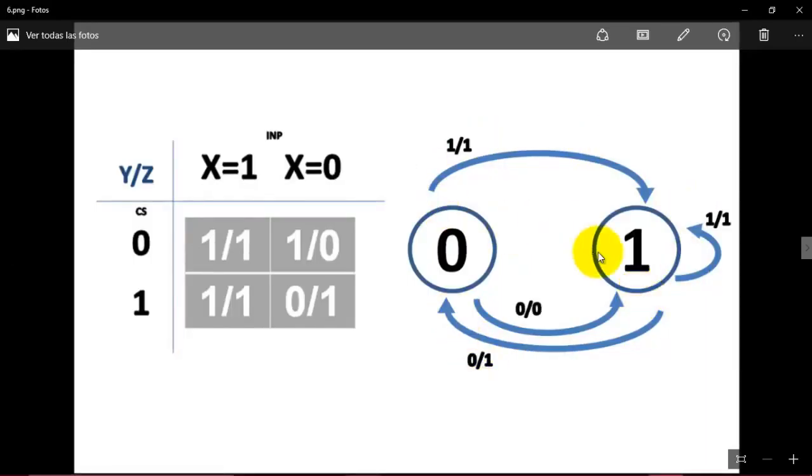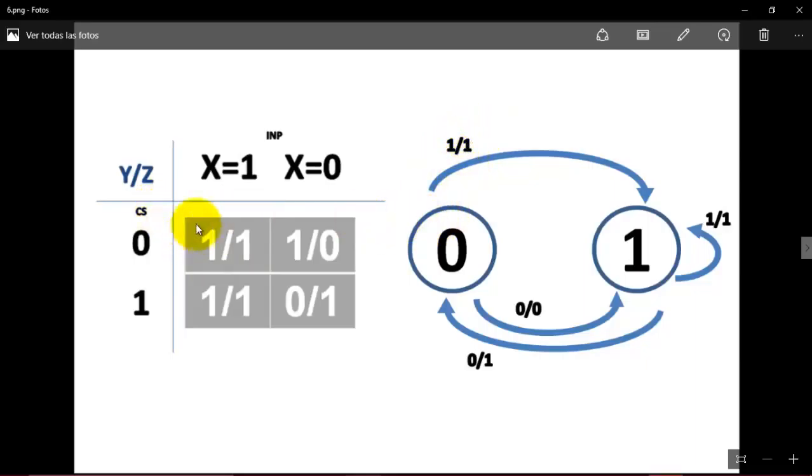When we have our state table, we are going to have our state diagram. Here we have our state diagram, and this is our current state, and this is our next state. For example, when we are in a current state of 0 and we have an input of 1, we are going to have an output of 1, and we have the output here.